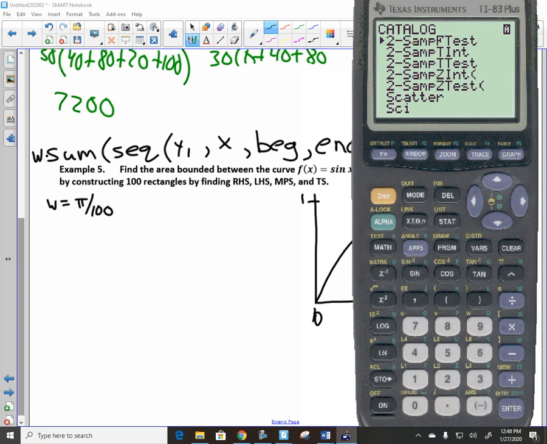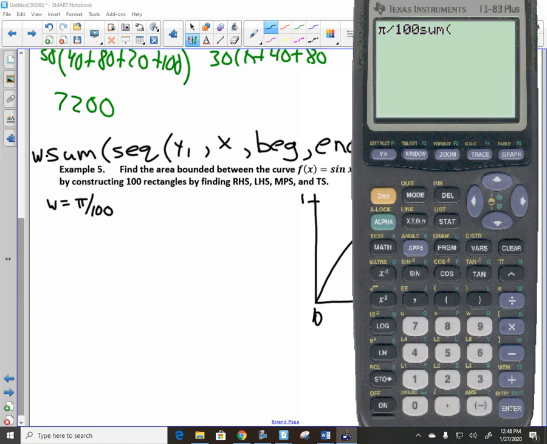S. And you scroll down until you get to sum, and you want the lowercase sum. Right here. Everybody okay there?